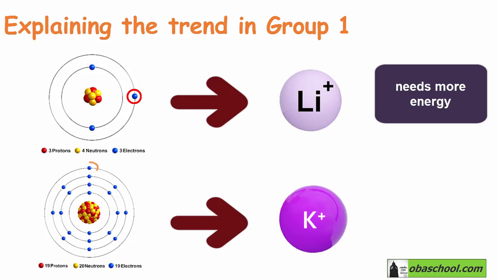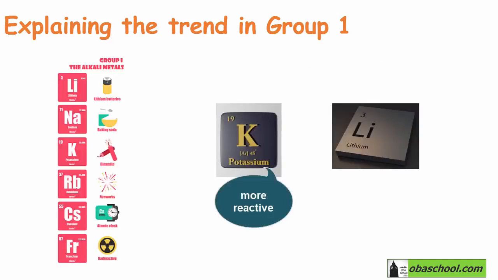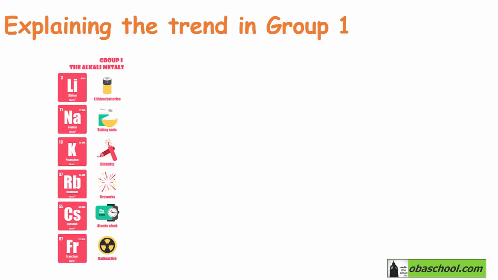So because this electron feels less attraction, it will be easier to remove than the outer electron in the lithium atom. And thus, potassium is more reactive than lithium. So this is why elements in group 1 become more reactive as we move down the group.